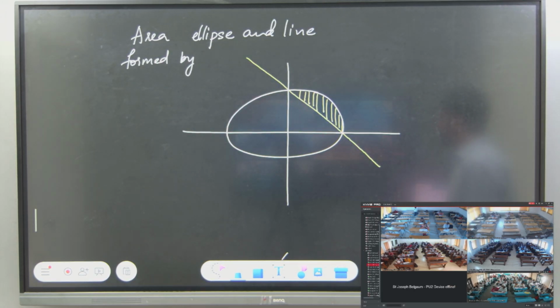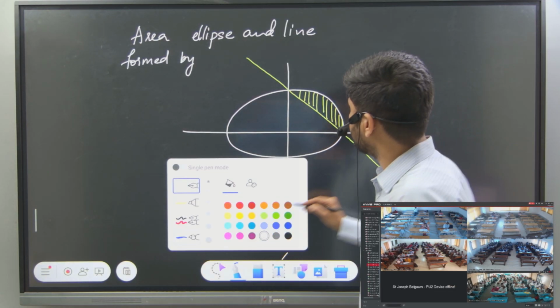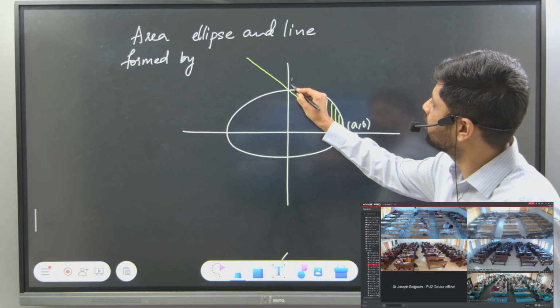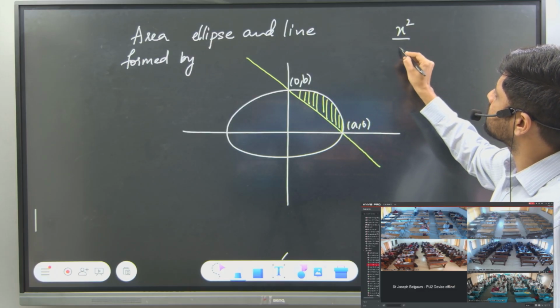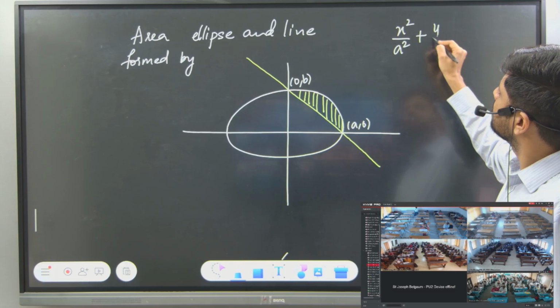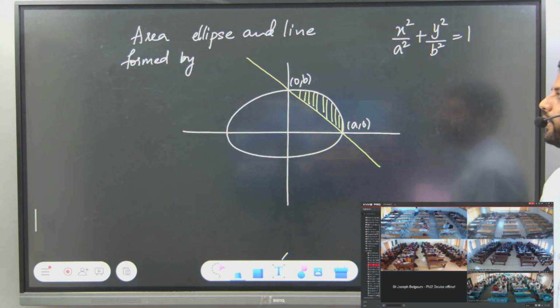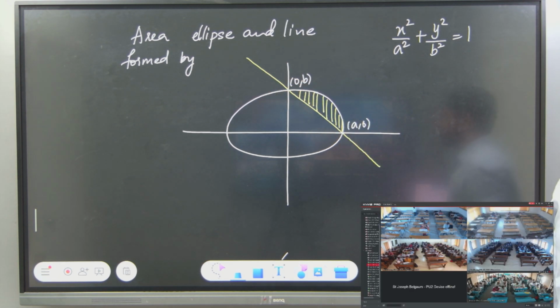Now, please understand, equation of the ellipse will be what? If this is a comma 0, this will be 0 comma b. So the equation of ellipse is x square by a square plus y square by b square is equal to 1. Can anyone tell me the equation of this line from straight lines chapter? Intercept form.